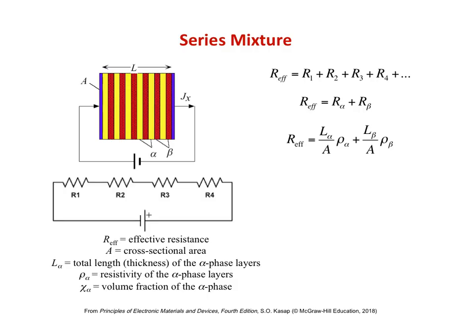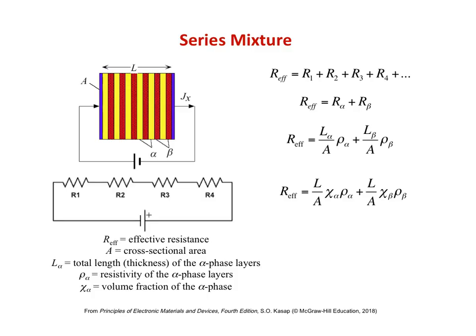Next, we realize that the sum of all the lengths of alpha is related to the volume fraction of alpha in our problem. So we can replace the sum of the alpha lengths with the total length times the volume fraction of the alpha phase. Similarly, for the beta phase, with the volume fraction of beta.